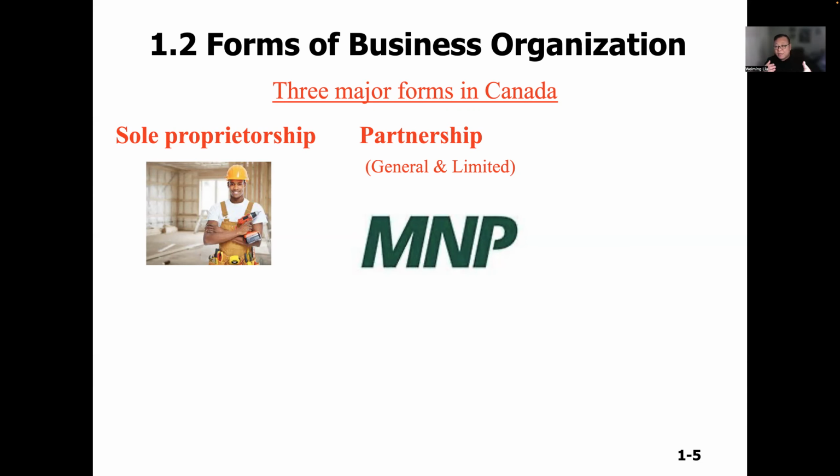And depending on the liability, it could be a general partner or versus a limited liability partner. Some other professions like lawyers, right? They also adopt partnership. So in Canada, the Borden Ladner Gervis, right? The BLG, this is a law firm, right? This is also a partnership. Sometimes the doctors, right? Several doctors, they also work together to form a partnership.